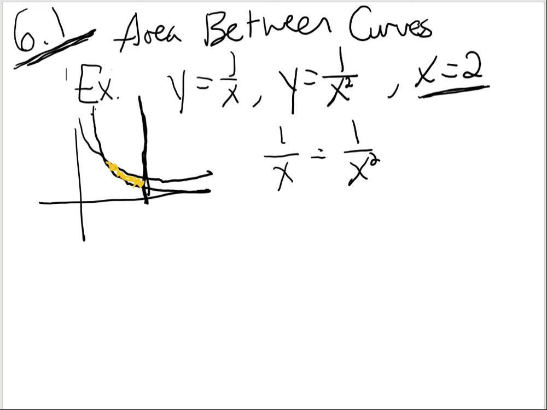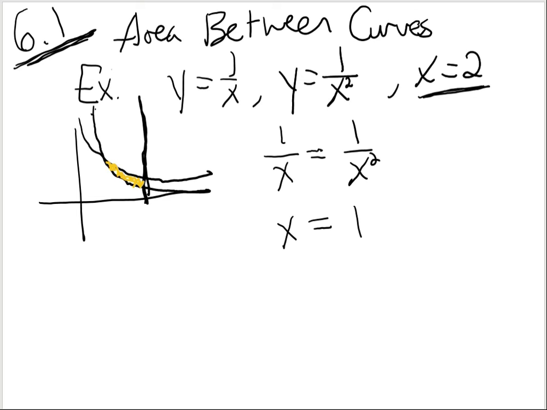Where are they equal to each other? Okay, so multiply both sides by x squared, and what do you get? You'll get x equals 1. Right, because x squareds will cancel on the right, and then on the left you get x squared over x, or 1.